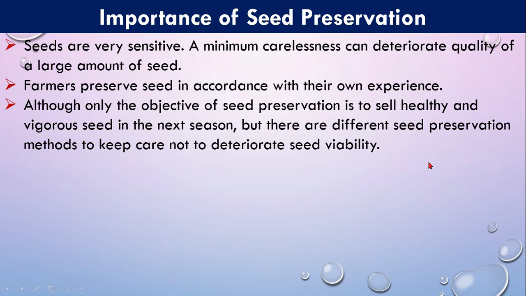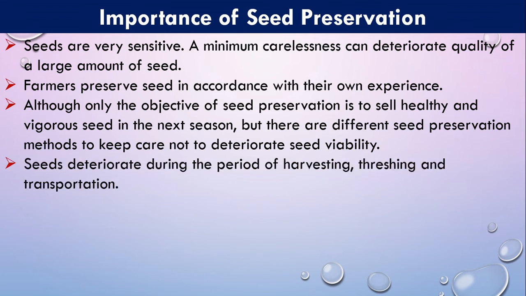That means if we preserve the seed for commercial purposes and want to sell it in the next season, we are unable to sell it if we do not preserve it properly, because all the seeds will deteriorate, so it will be a great loss in business. Next, seed deteriorates during the period of harvesting, threshing and transportation as well.